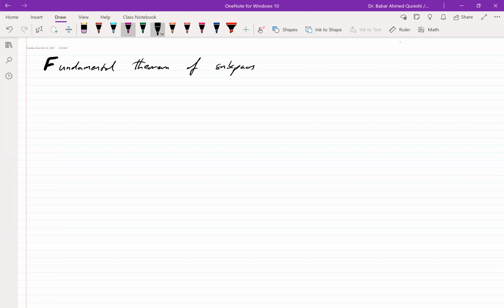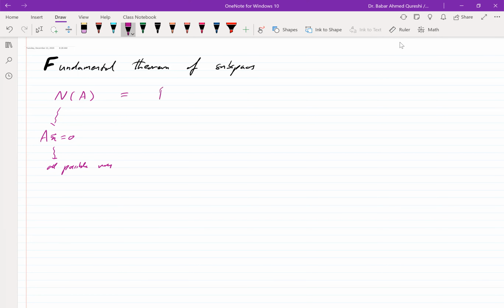So the theorem said that the null space of a matrix, just a reminder, what's the null space? It is all possible vectors which solve this equation.